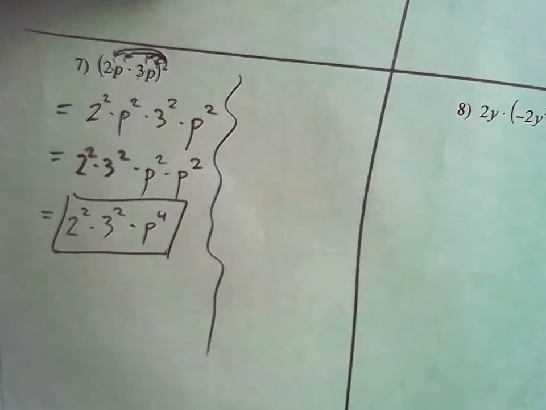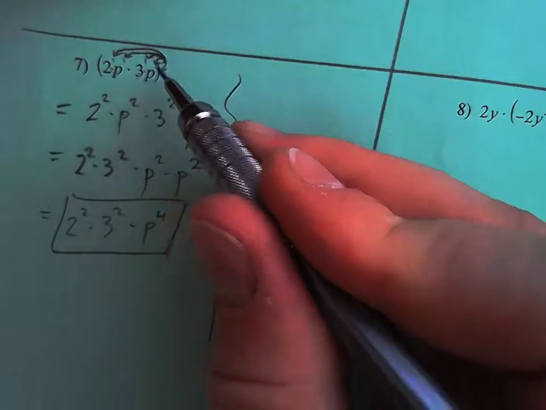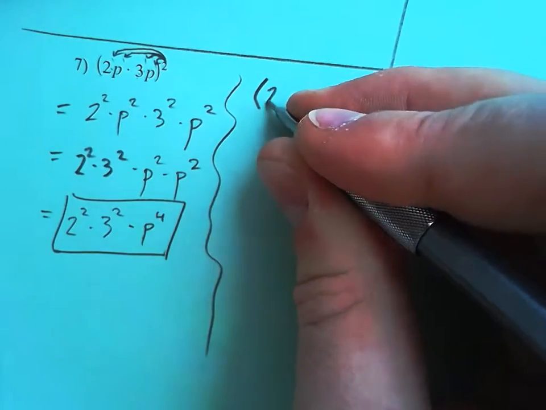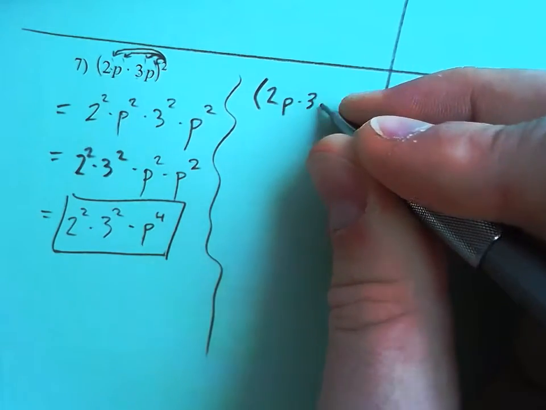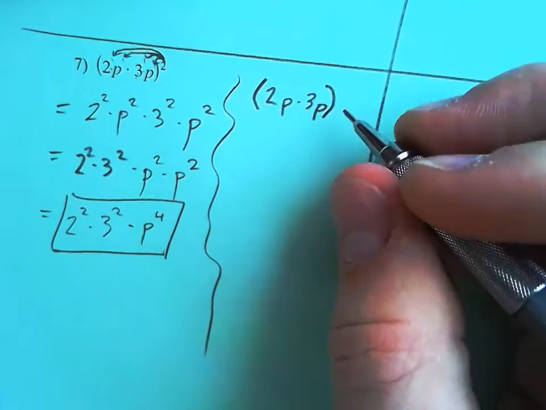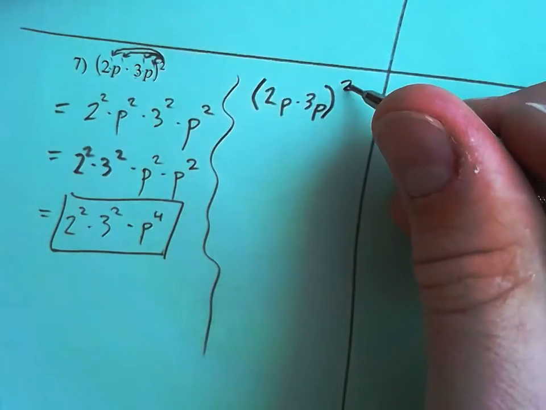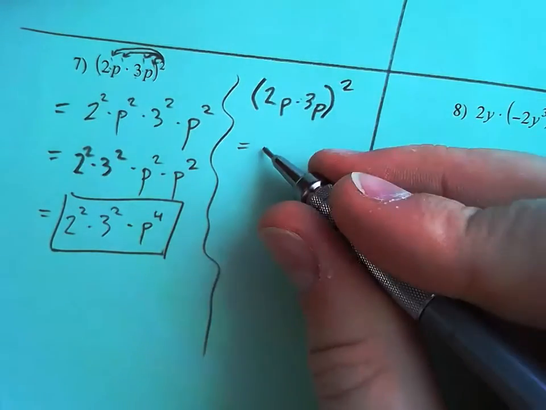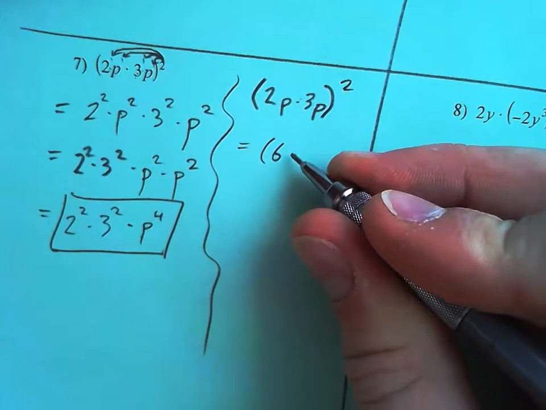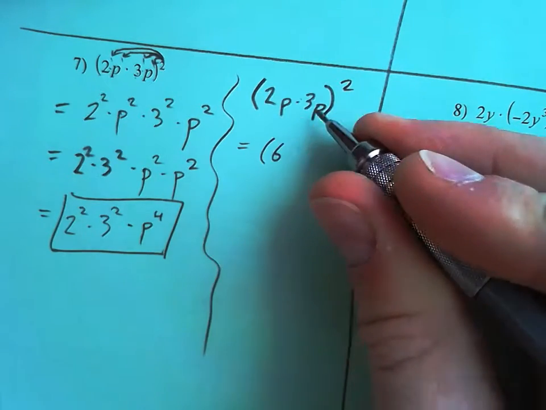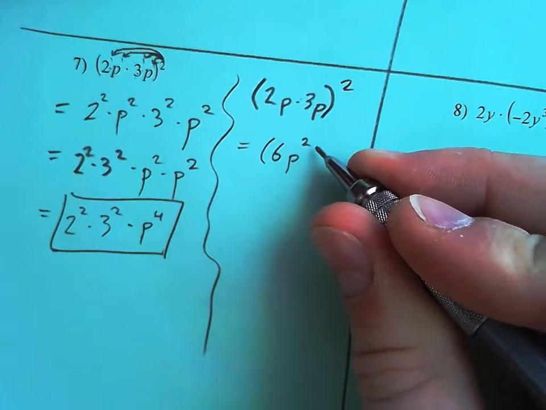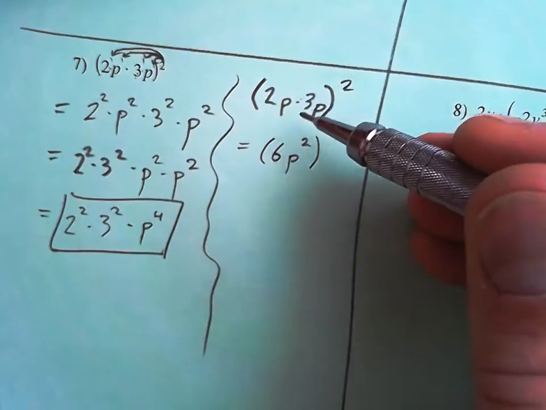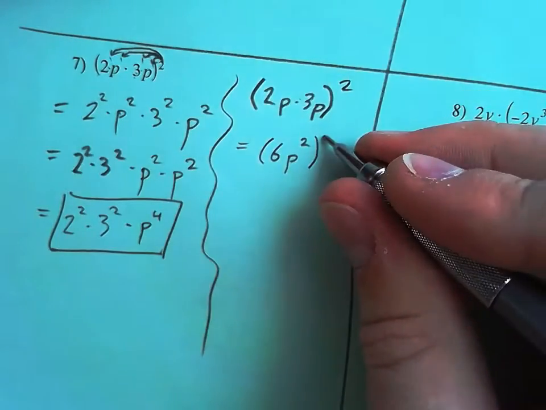Okay. The other way, what if we take the inside here and simplify the inside first before applying this power on the outside of the parentheses? 2 times 3 would be 6, and p times p would be p squared. Hopefully you don't mind me doing that without rewriting the inside first.